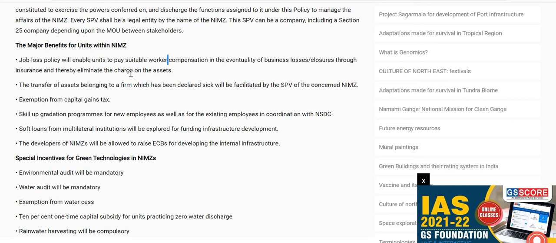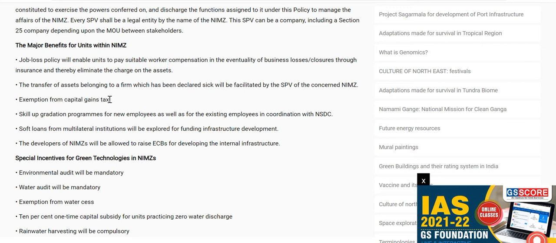Second, if a unit within a firm is declared sick, there will be a facility for transfer of assets, say from firm A to firm B, facilitated by the special purpose vehicle that has been created.